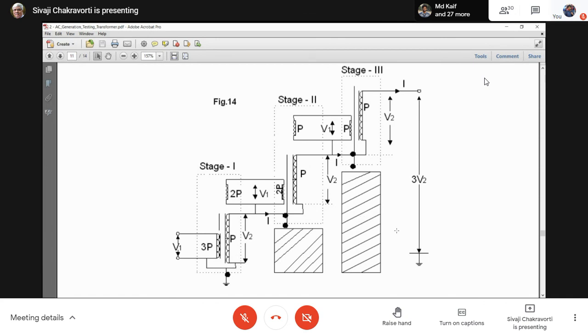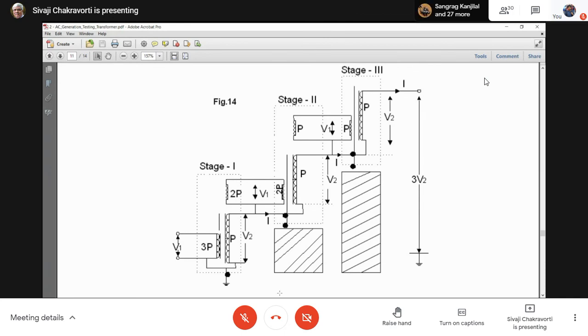It has a voltage of V2 and current is I because it is a series connection. So KVA is V2 into I, that means P. But both the tertiary KVA as well as the secondary KVA must come from the primary. So the primary KVA must be 2P. So then the tertiary of stage 1 must have a KVA rating of 2P.